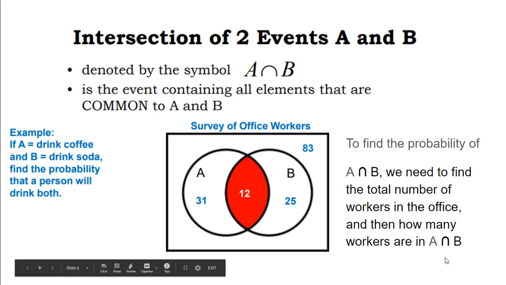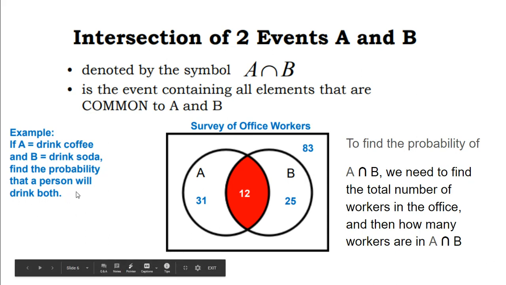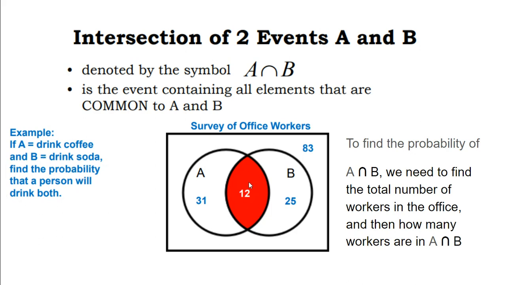I add up all of my office workers, and I get 151. Now I'm trying to figure out the probability of people who drink both coffee and soda. So that's the middle, this 12 number. So I take 12 and I divide it by 151. That would give me a decimal, which I can turn into a percentage for probability.